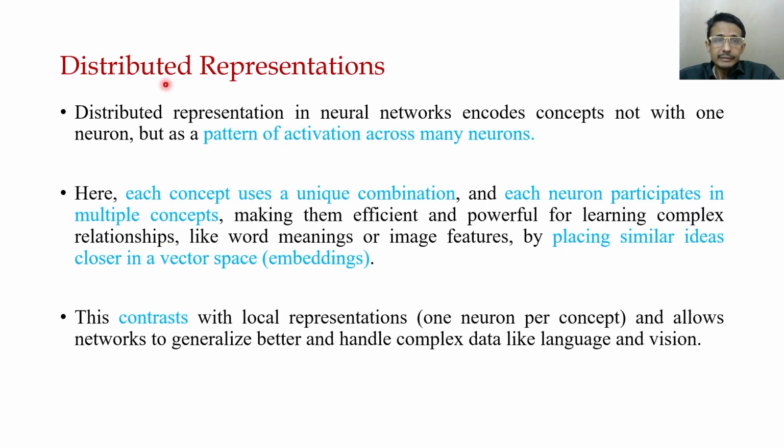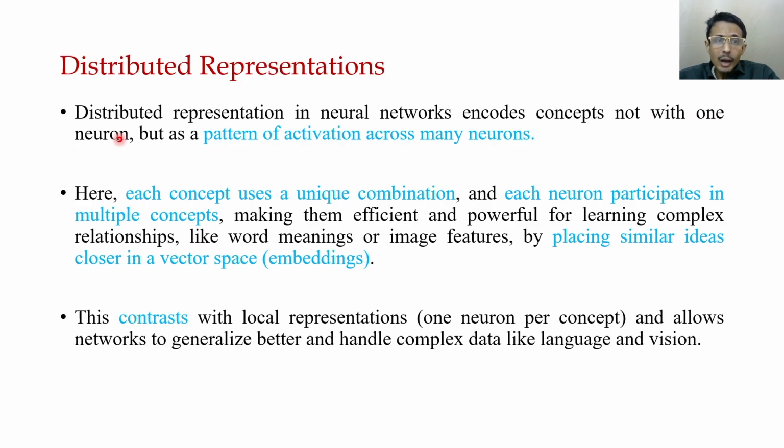And finally, distributed representation is also a very important concept. Now, distributed representation in a neural network, what does this mean? It encodes concepts, because of the different kinds of abstraction: maybe edges in a very initial layer, maybe some shapes in the middle layer, or some objects in the final layer.